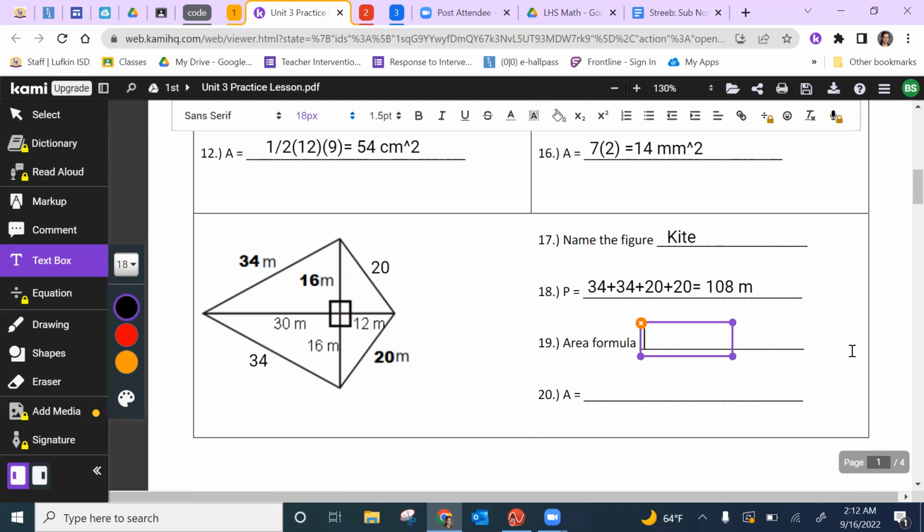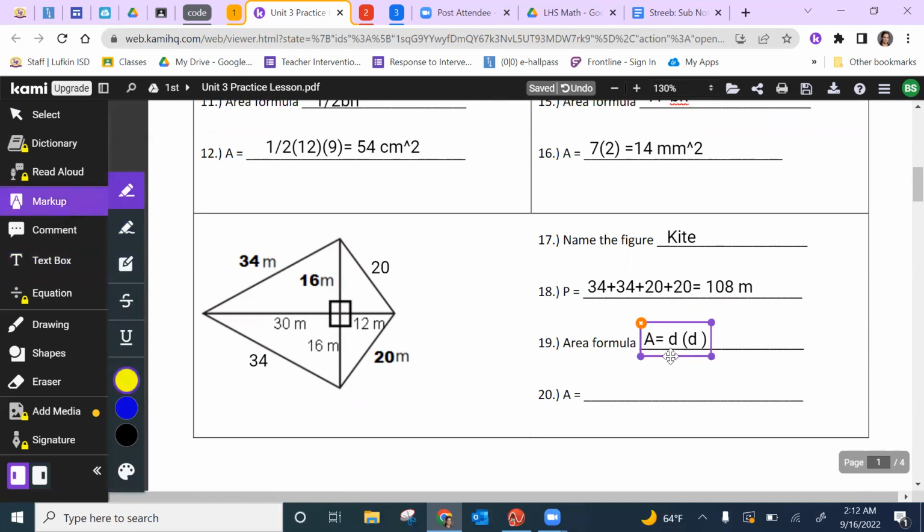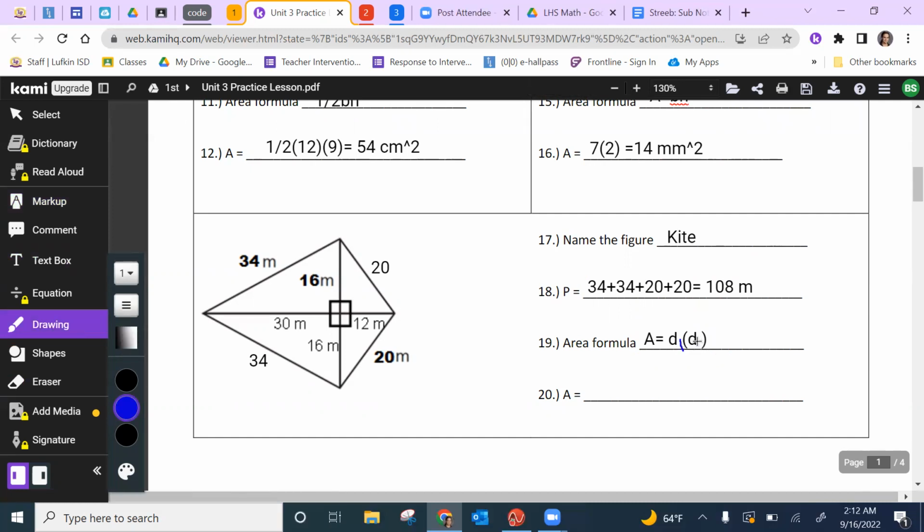Then the formula for area is diagonal 1 times diagonal 2. That's not right.